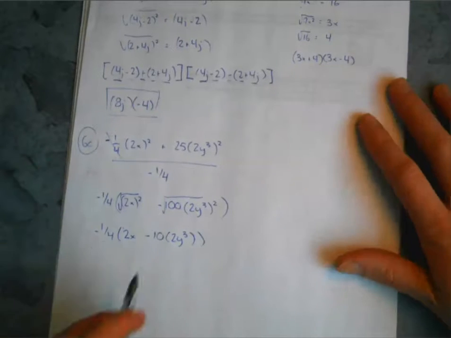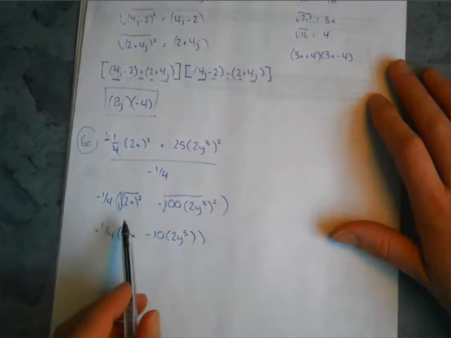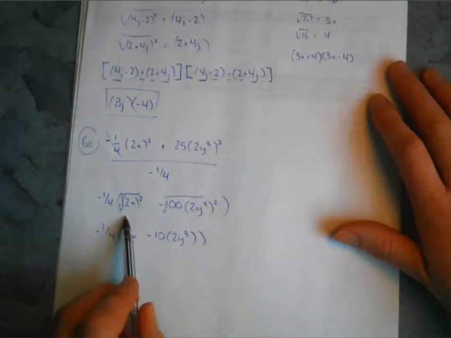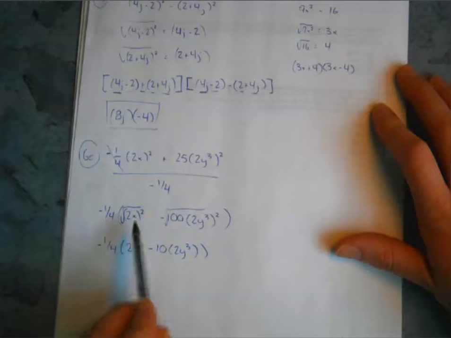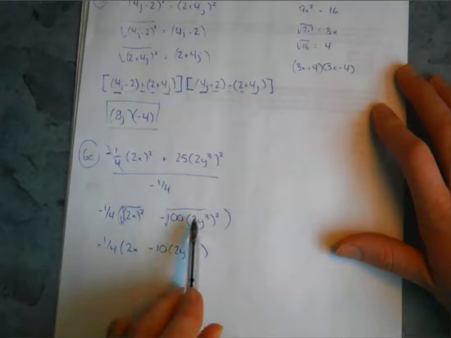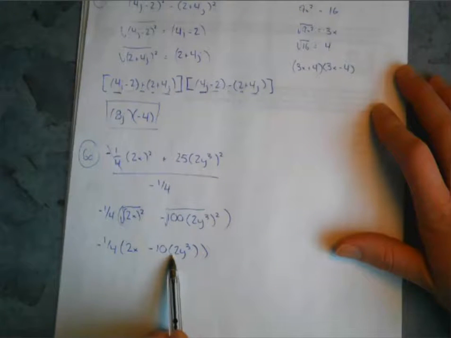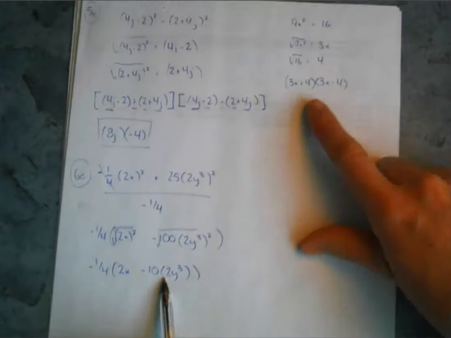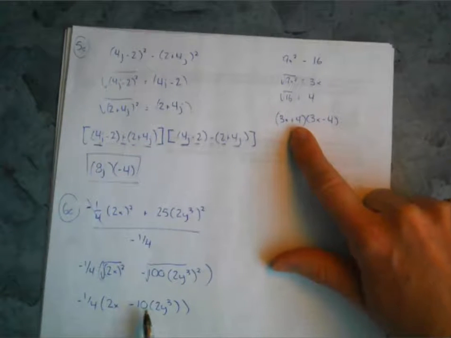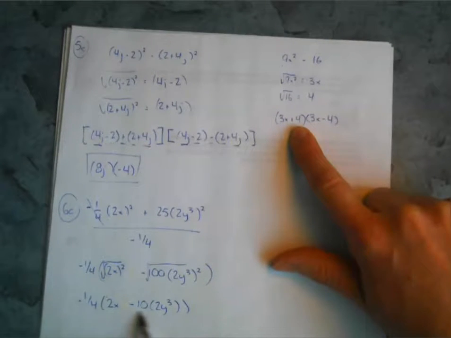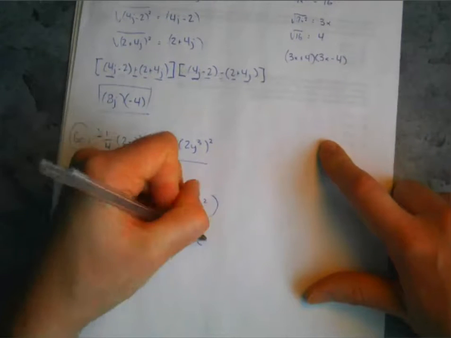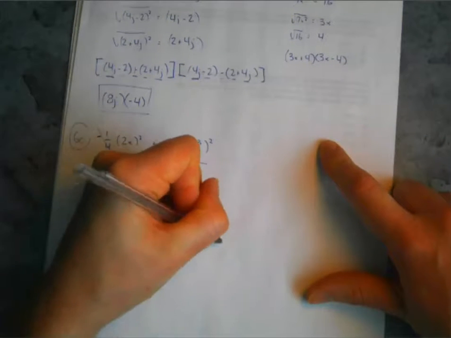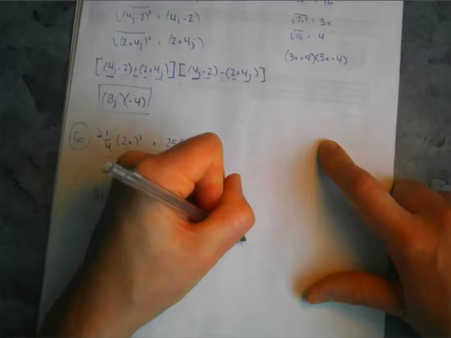There we go. So basically what we're doing here is the same as we were looking at in the previous question, right? If we square root the first term and we square root the second term, and we subtract them, then in order to factor them, remember we want to have another bracket where those square rooted terms are added together. So we're going to multiply this bracket by 2x plus 10 times 2y³.